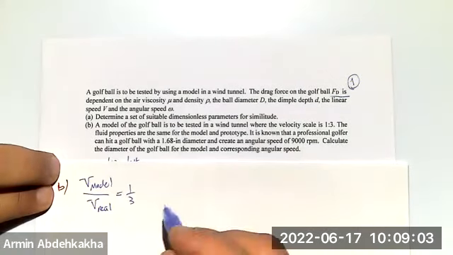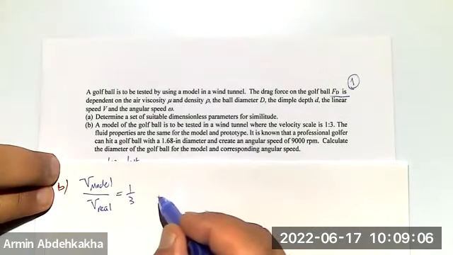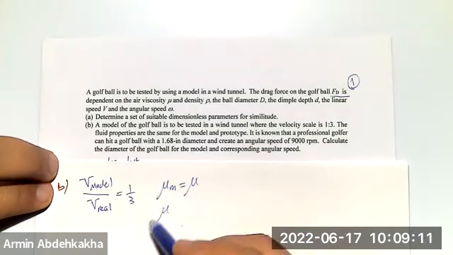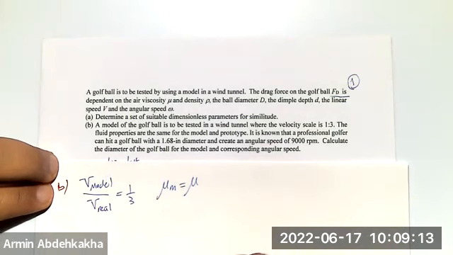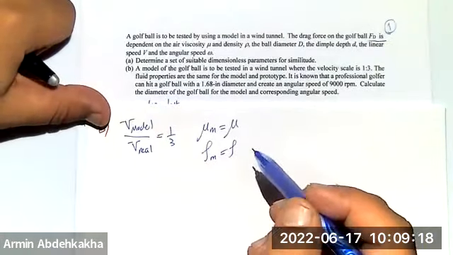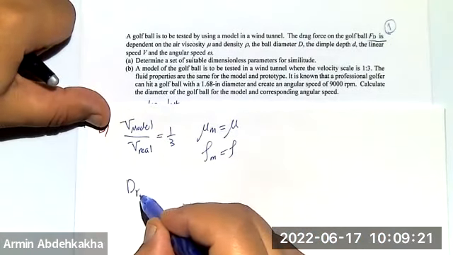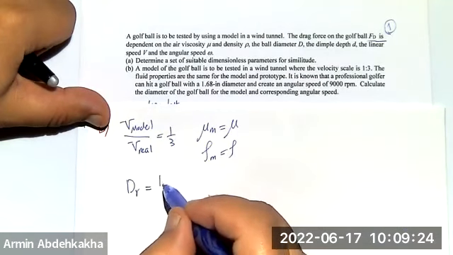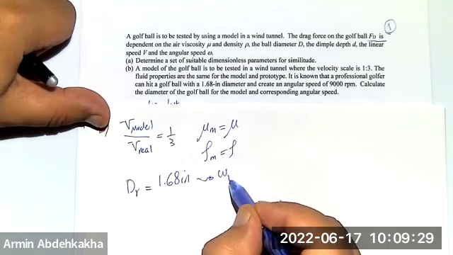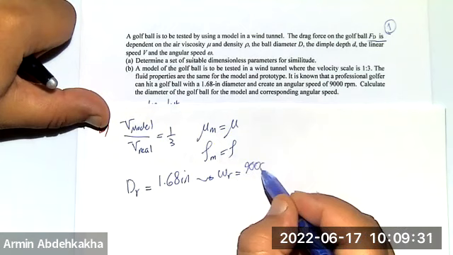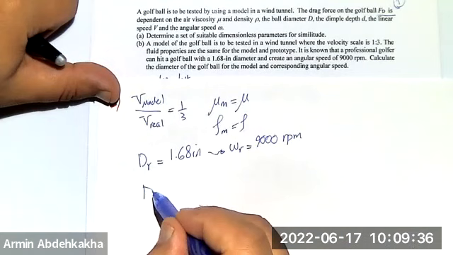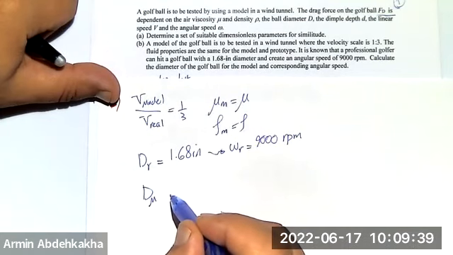And also it's given that mu of the model is mu of the real, and rho of the model is rho of the real, so the fluid properties are the same. What else is given is that D of the real is 1.68 inches, and omega of the real is 9,000 RPM. What is asked? Find the D of the model and omega of the model.